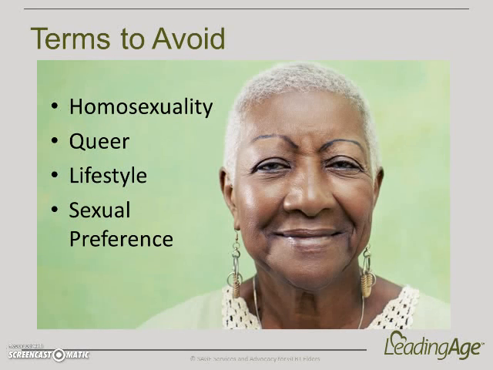And then finally, we often hear people discuss sexual preference, or one another's sexual preference. We recommend against using the term sexual preference because the word preference makes it sound like something that you can choose or something that you could change or be cured of. So instead of sexual preference, we recommend you use the language of sexual orientation.